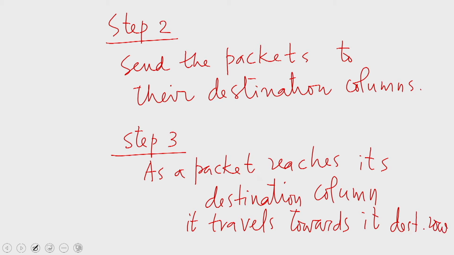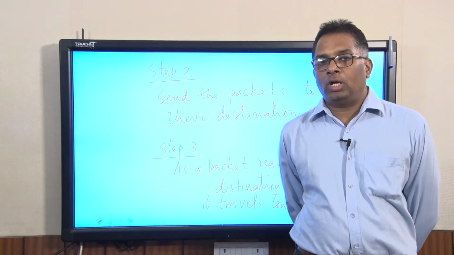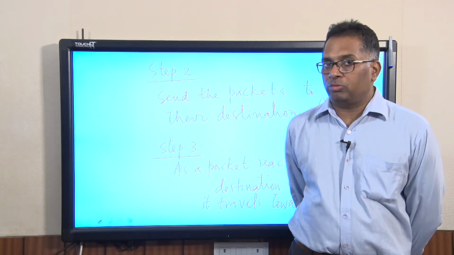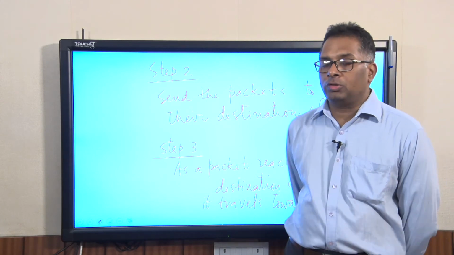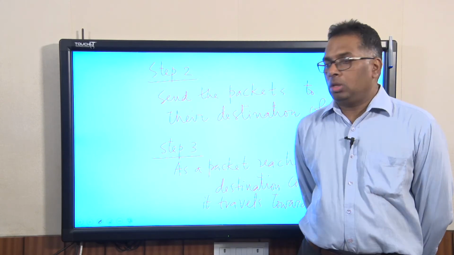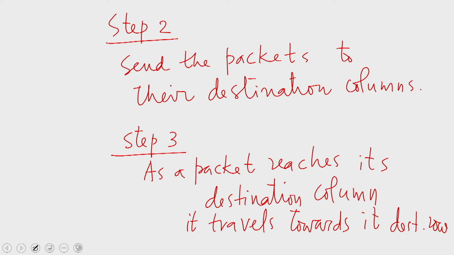The destination row need not be the same as the one along which it travels. The row that it has got to travel along is the color that has been given to the packet. So once it reaches the destination column, it has to then travel towards the destination row.